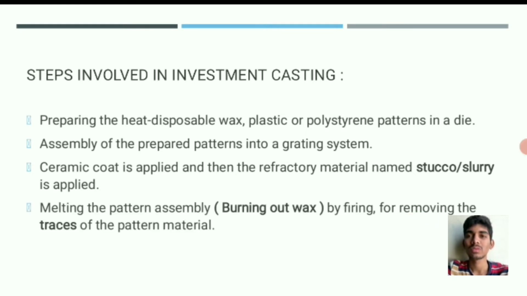Next, melting the pattern assembly, which means burning out the wax by firing, that is, by providing heat near the substance, so the wax melts out, removing the trace of the pattern material.